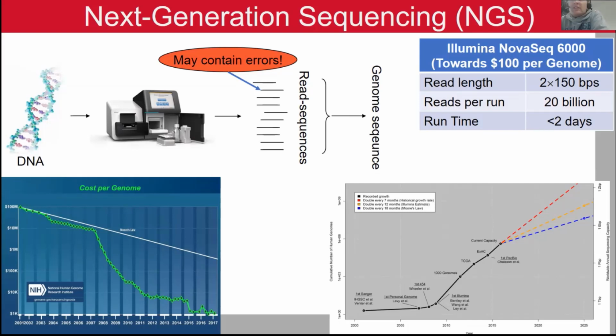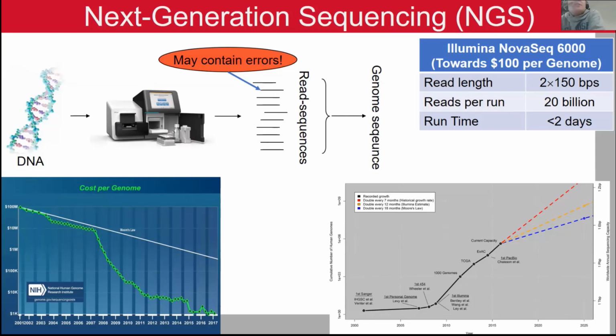As you see in these diagrams that I have on the bottom left and bottom right, first on the bottom left, you see that the sequencing costs have been decreasing dramatically over the last few years, over the last decades actually, and we are now, depending on the sequencer that you are using, even down to around $100 per human genome sequencing.